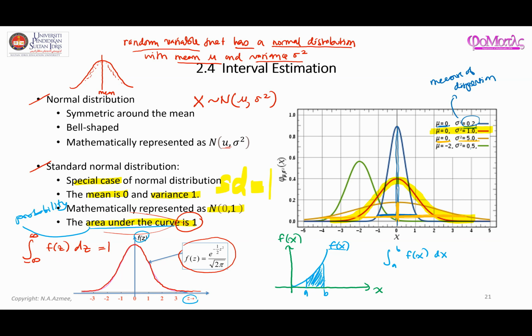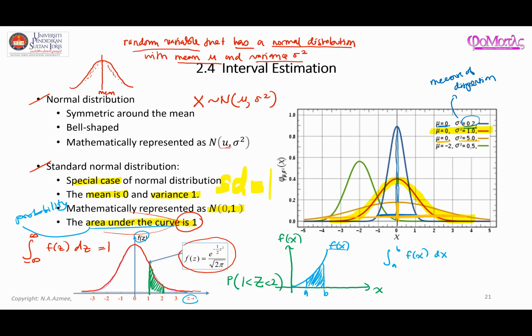Now you can imagine that if I want to find the probability, for example, that the random variable z is between 1 and 2, it basically means from this point until this point. So I need to integrate this function, and the result will give me the probability that I'm looking for.